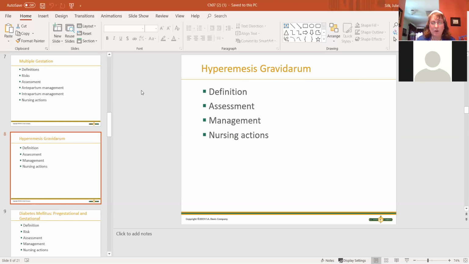They just feel awful. So what we do for management: the first line treatment is giving them vitamin B6 and doxylamine, something like that. And then you would also do IV hydration, dextrose and vitamins, and thiamine. You would give all of that stuff.